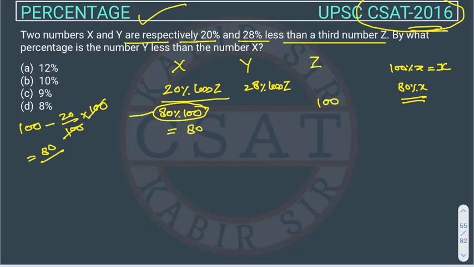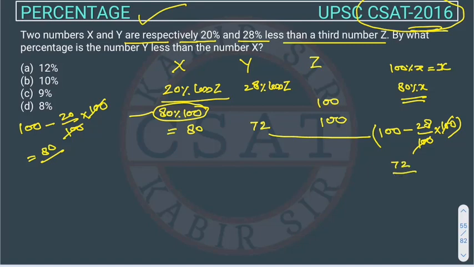Similarly, Y will come out 72 and Z is 100. How did we get this 72? Y is 28% less than Z, right? So 100 minus 28 is equal to 72.